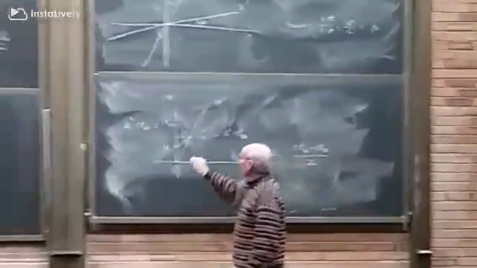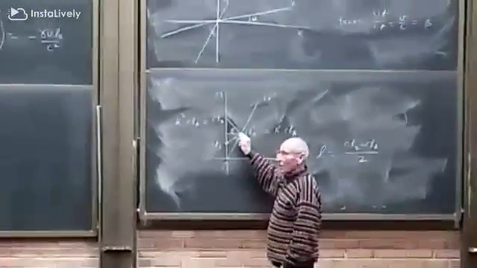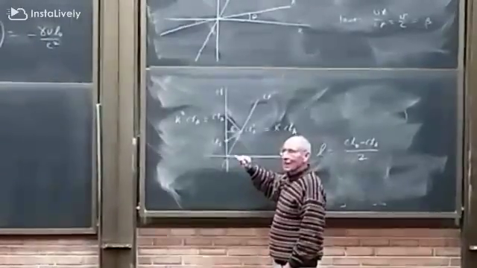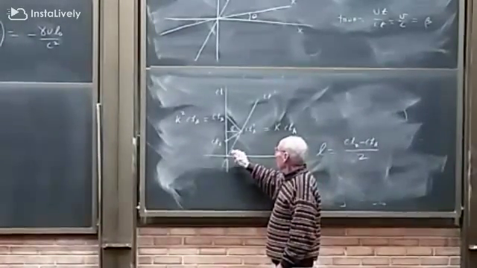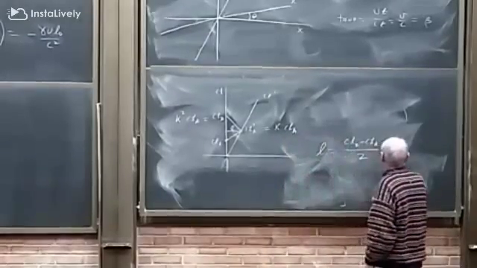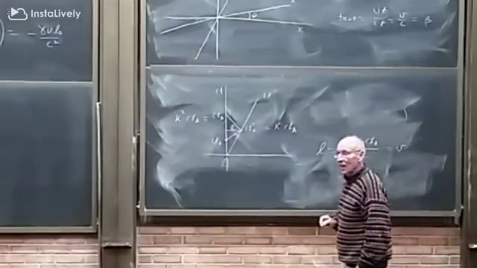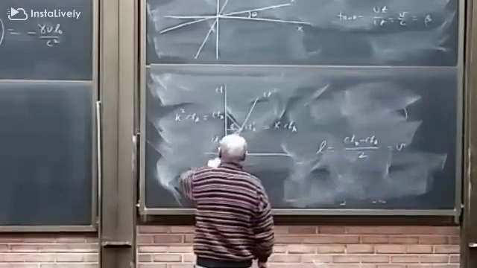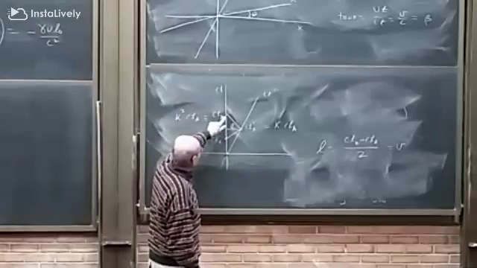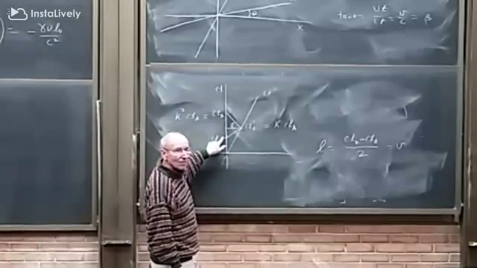But I know what this is, because this guy is traveling with speed v, and he does it for a certain length of time. What length of time is that? Well, it's this time. And this time is the average between those.